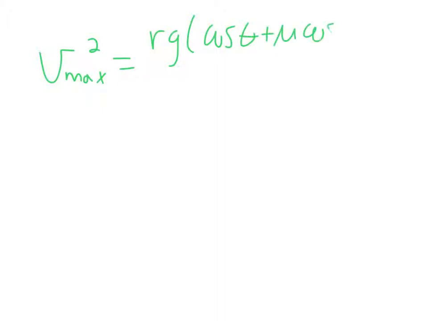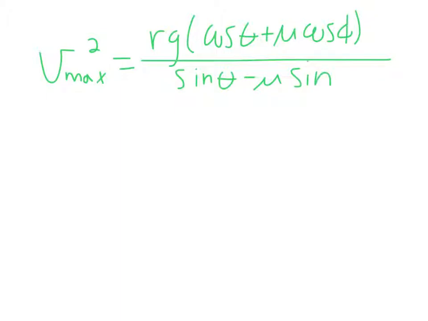Just rewriting this again, this is for maximum speed around a banked curve. So Vmax squared equals Rg times cosine theta plus mu cosine phi over sine theta minus mu sine phi.